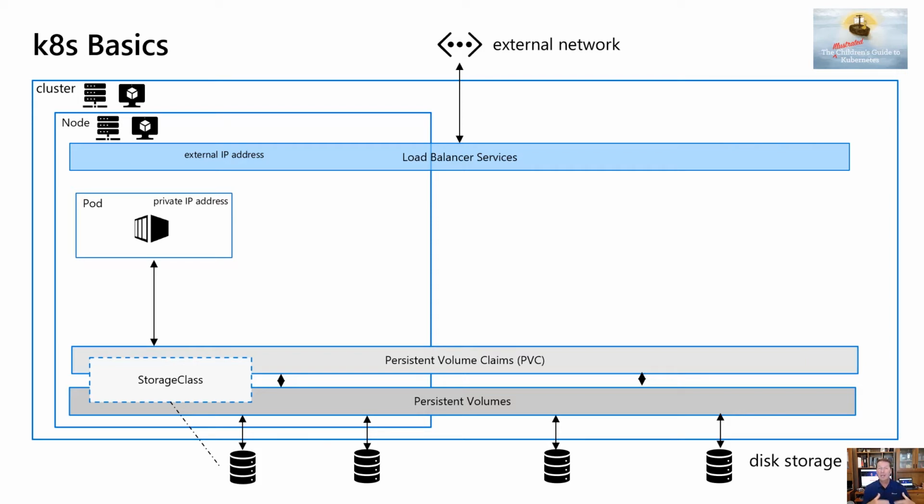When you say, I want a load balancer service, you get a fixed external IP address that's accessible from external networks outside this cluster. And as it turns out, that external IP address, this load balancer, can be bound to that pod. Why is that significant? Because if that pod changes somehow that private IP address, I want to connect to that external IP address and make sure that no matter what happens, I can always connect to whatever's running in that pod. You'll see with SQL Server how important that becomes.